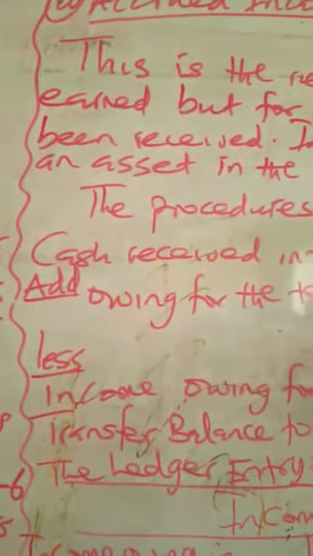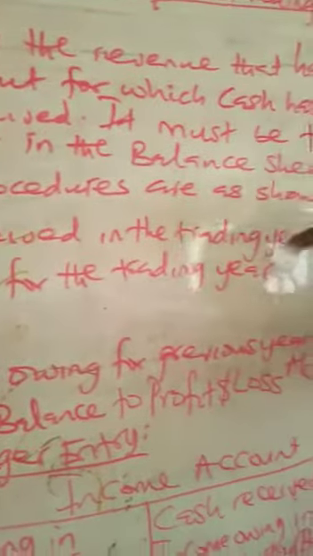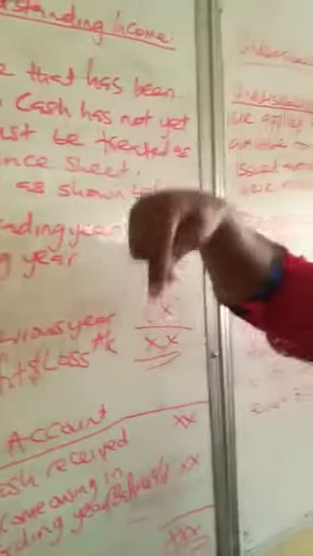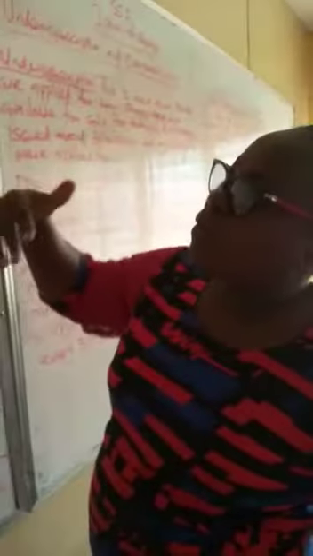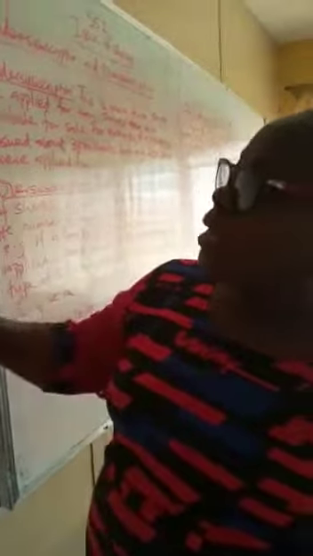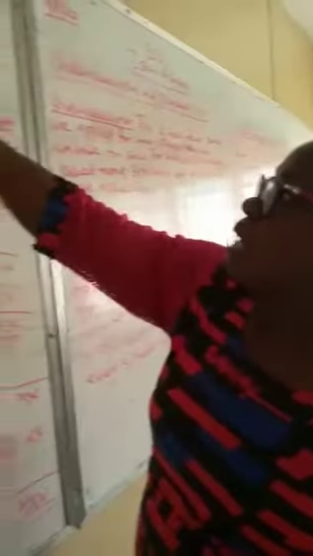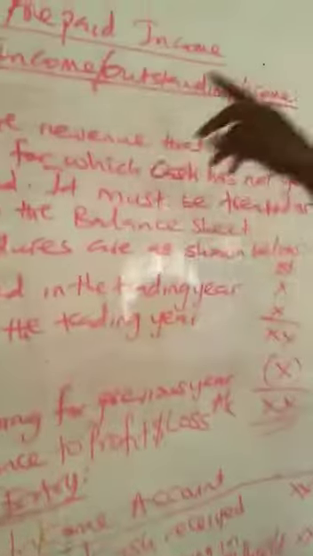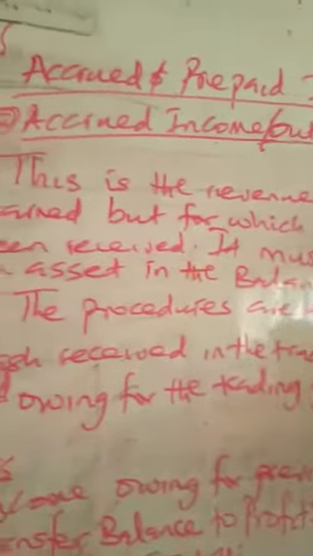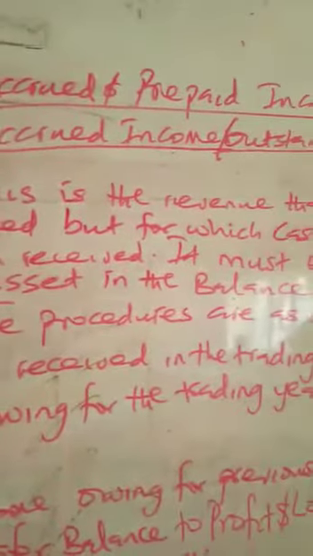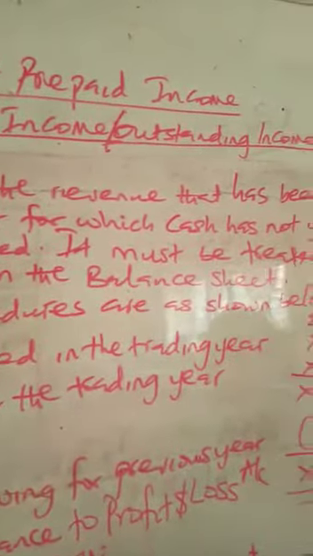Assuming tenants have already used July in your house but they are owing, they have not paid for it. So such revenue, such receivable rent, is called outstanding income or accrued income. It is revenue that has been earned but for which cash has not yet been received.